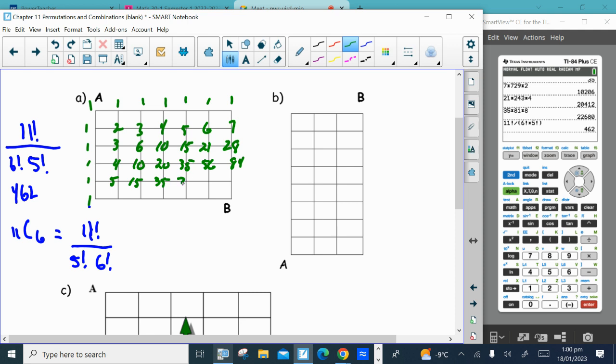That'll be 35. That'll be 70. That'll be 126. And 210. 1 and 5 is 6, and so on.